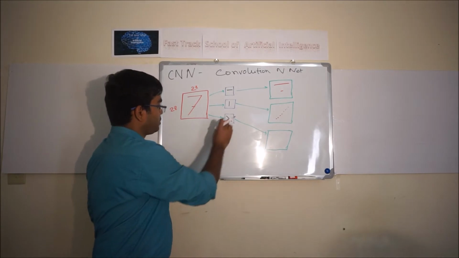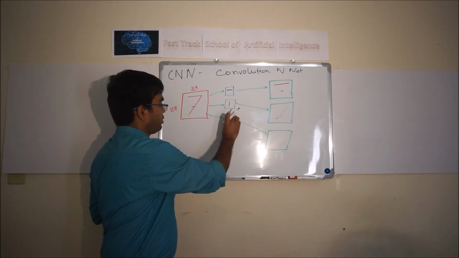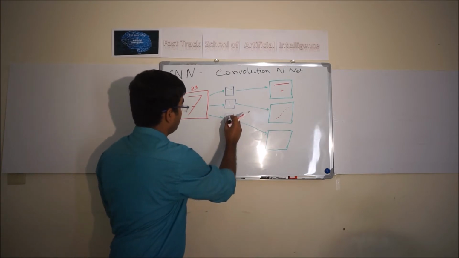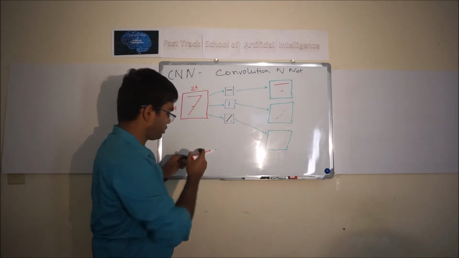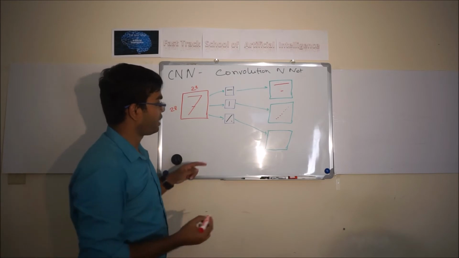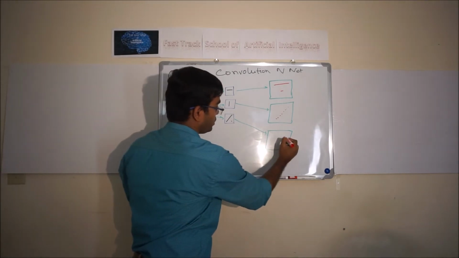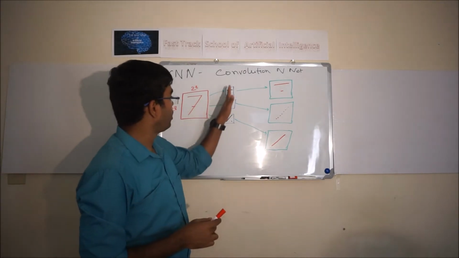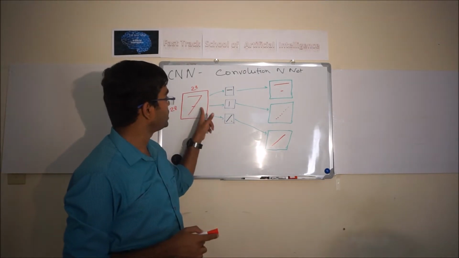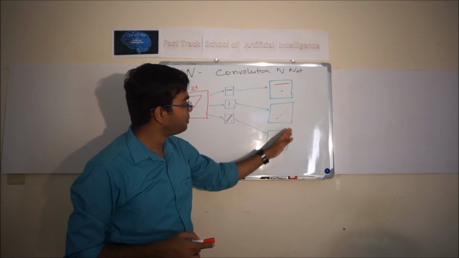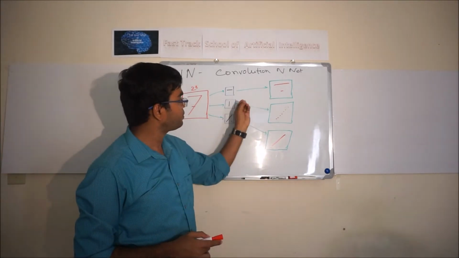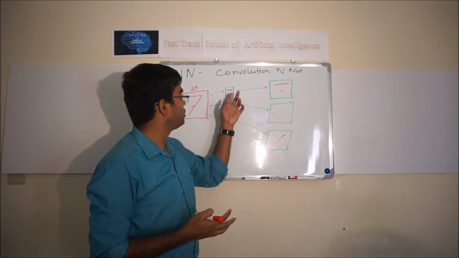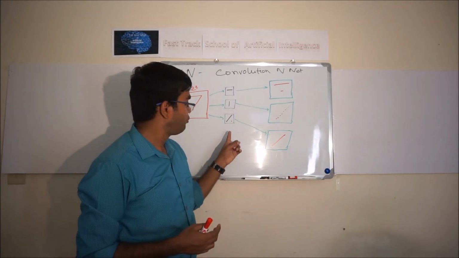For the third one, let me correct it. Assume the third one will try to learn this diagonal angle. So the third one will say this. This way, all these filters will transform this single image and will produce multiple images for the exact feature which is carried by those individual filters.